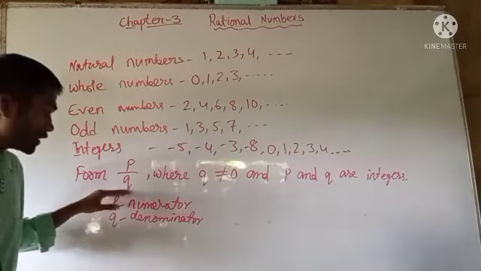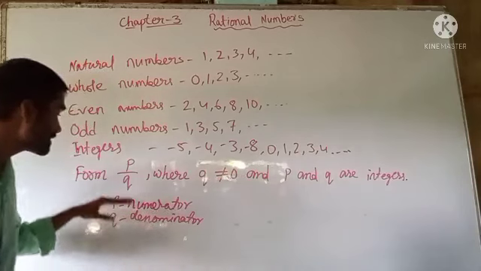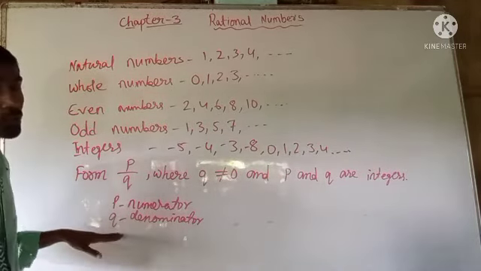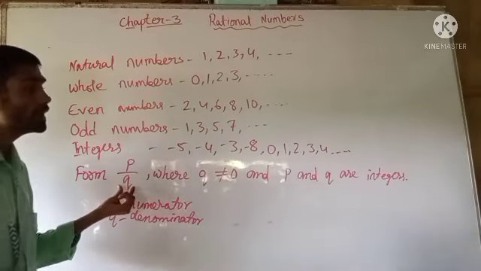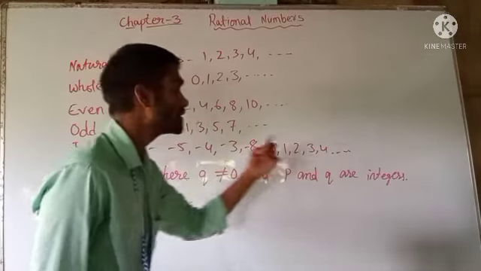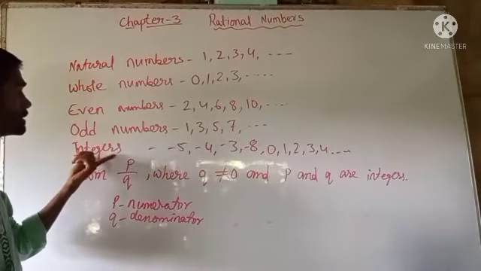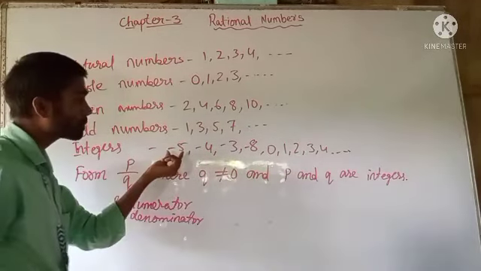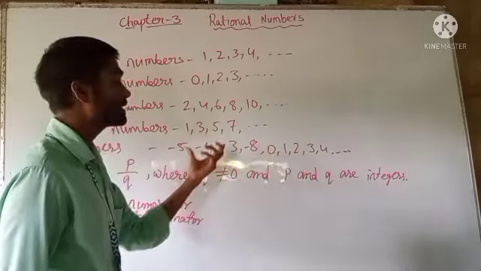Now here q is not equal to 0. That means whatever is in the denominator's place should not be 0. And p and q are integers, as I have written here, which means both positive and negative signs can be included.